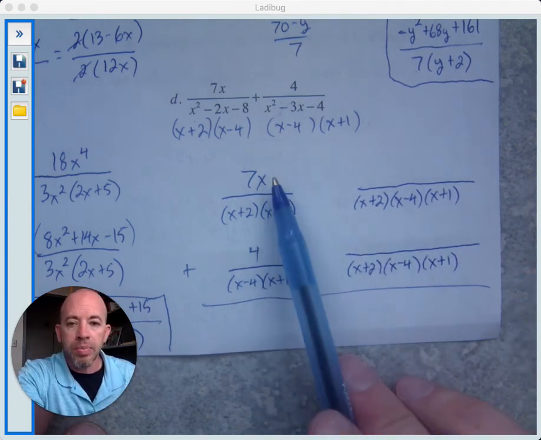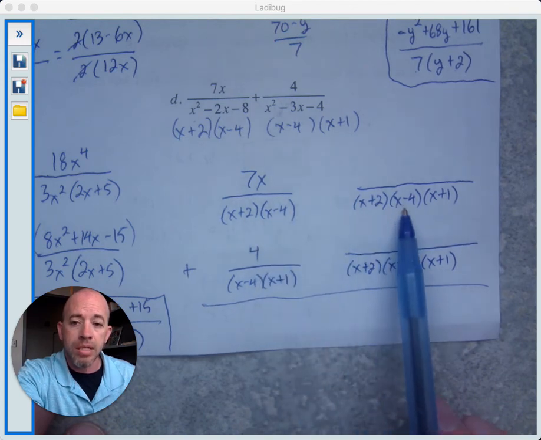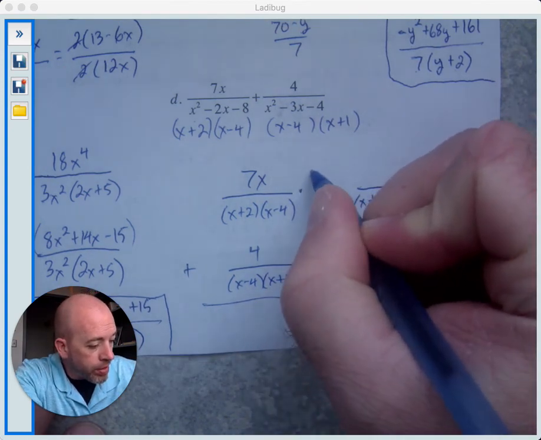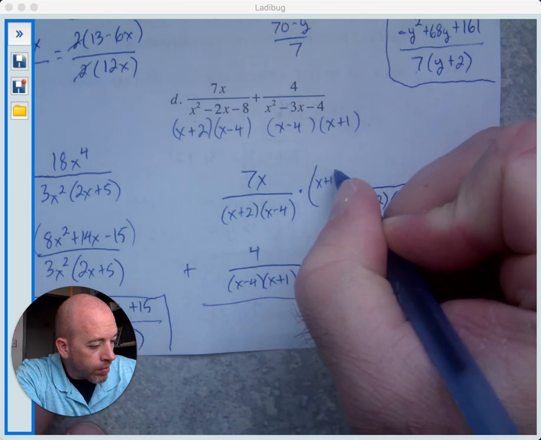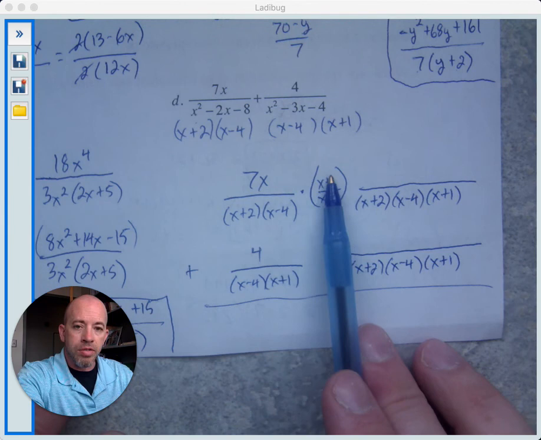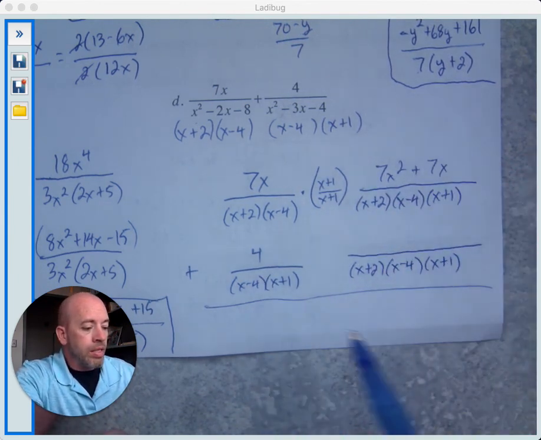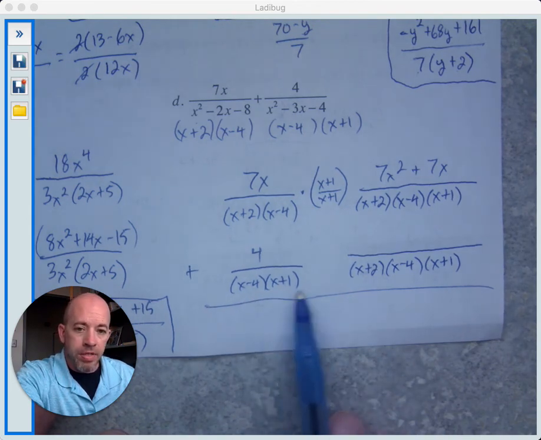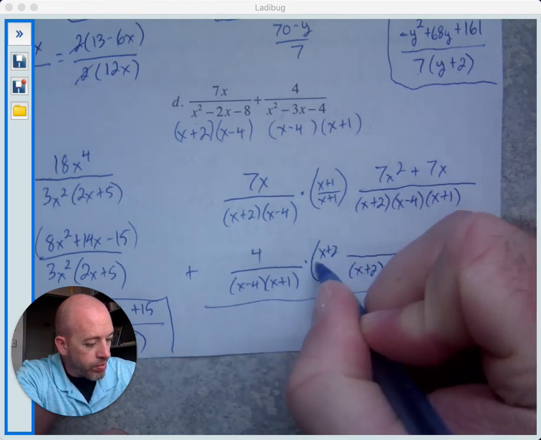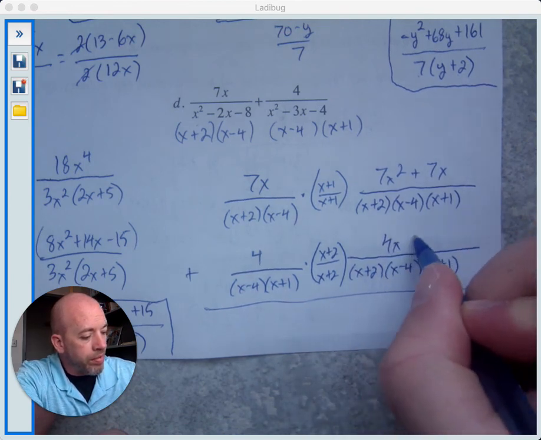So what do we need to multiply this denominator by in order to get this over here? Well, the only thing missing is the x plus 1, right? So we need to multiply this by x plus 1 over x plus 1. So if we multiply 7x, we could distribute it through here. We get a 7x squared plus 7x. We need to multiply this denominator by x plus 2. That's the only thing missing, so times x plus 2 over x plus 2. So distribute the 4, we get a 4x plus 8, right?